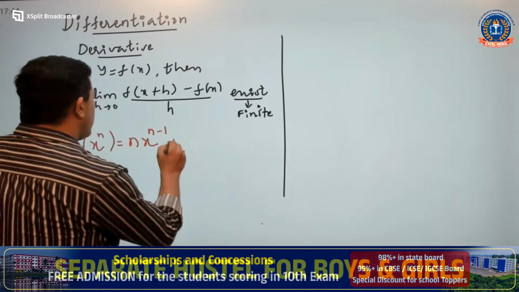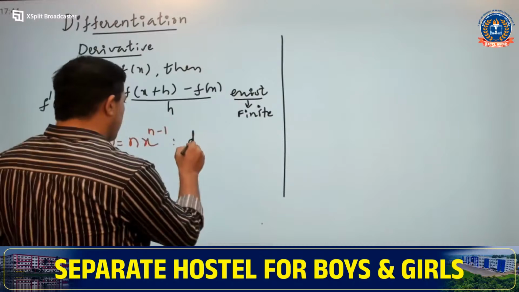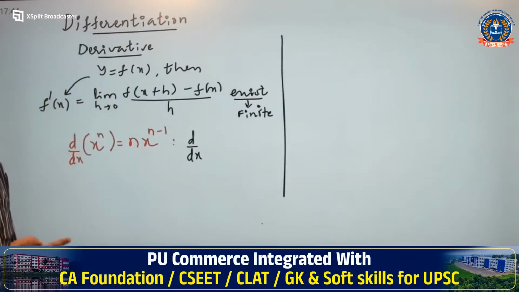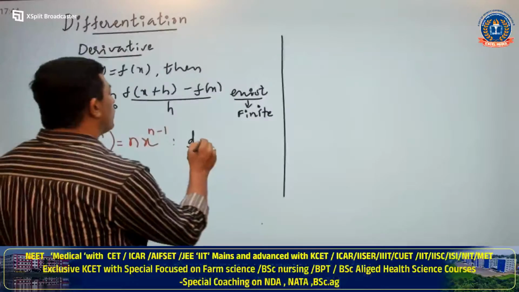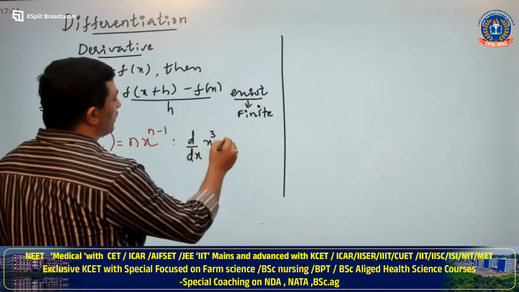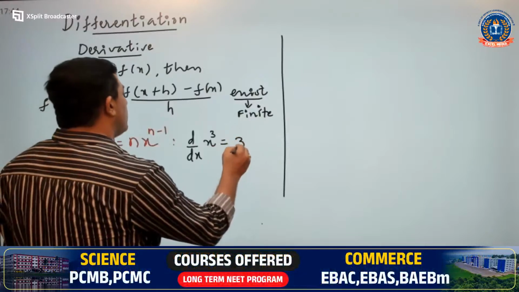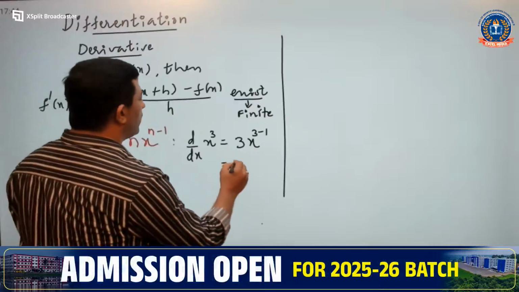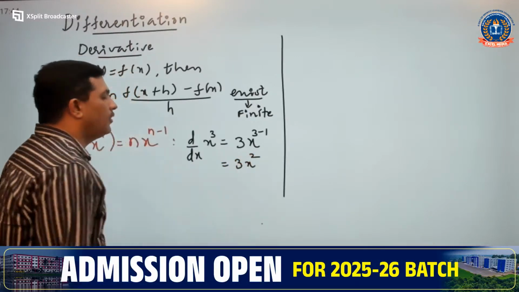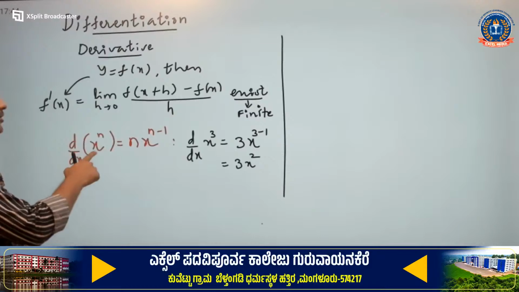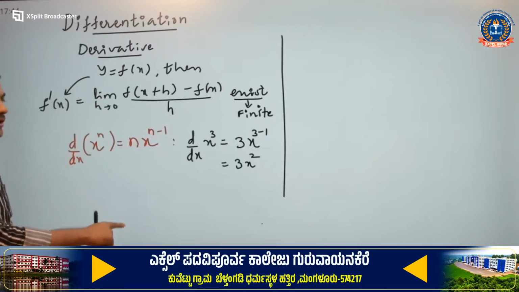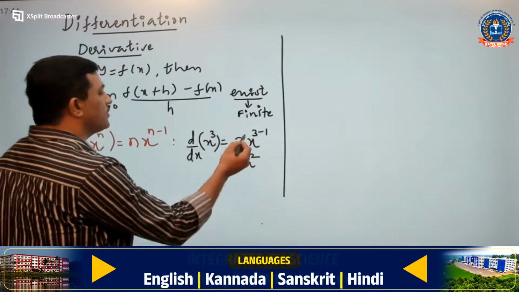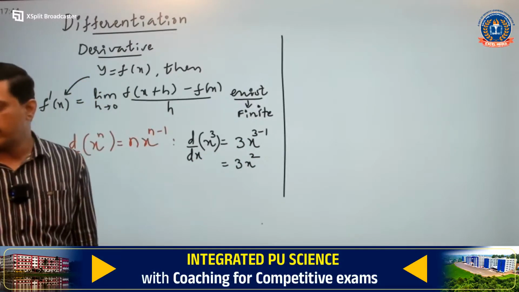Let me take a new example. d by dx of x cube is 3 into x raised to 3 minus 1, so automatically it is 3x square. The derivative of x raised to n is n into x raised to n minus 1. To differentiate x raised to 3, the 3 comes outside, x raised to 3 minus 1, and the total answer is 3x square.